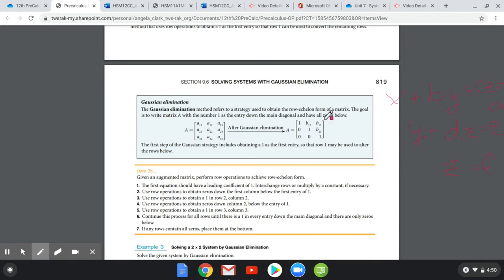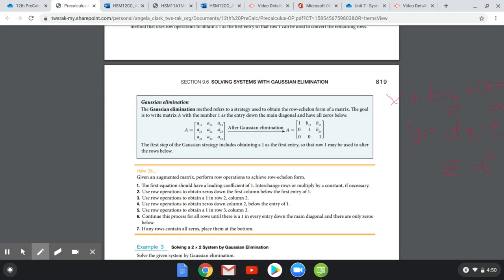So what you have in that last column are going to be your solutions, right? So what you have down here in the last column of the augmented matrix is going to be z, because this is essentially 1z equals whatever is here. So this will be z, and you can plug that back in and then plug that back in. So that's kind of the idea.